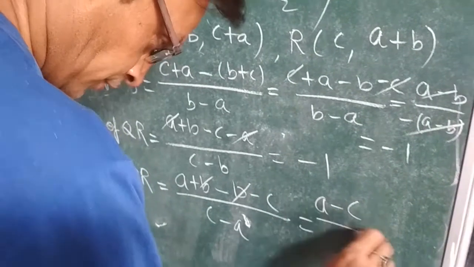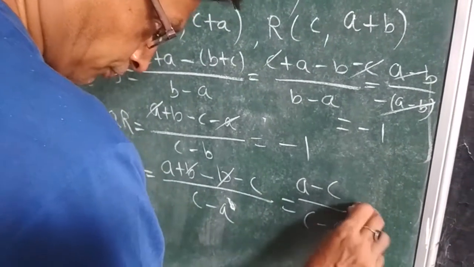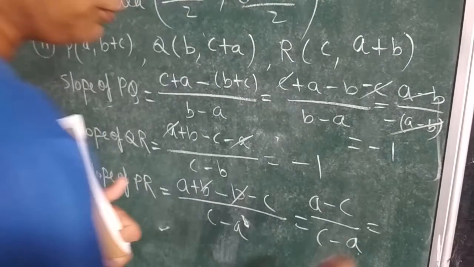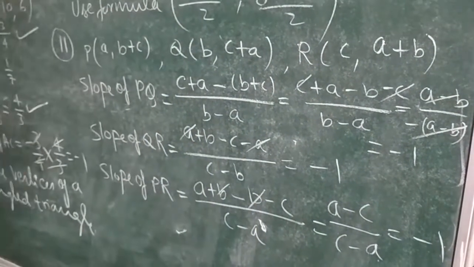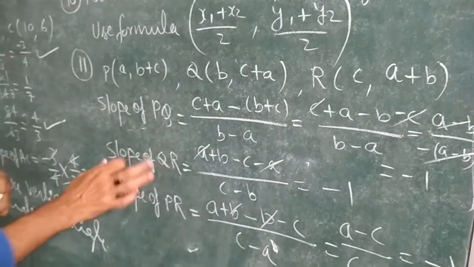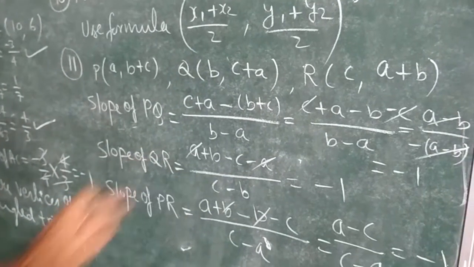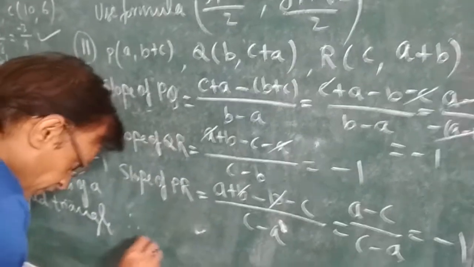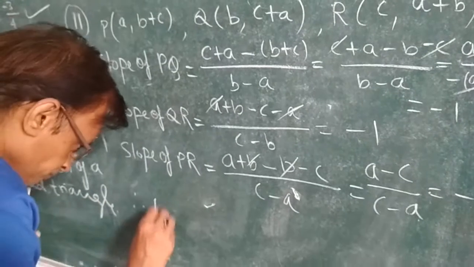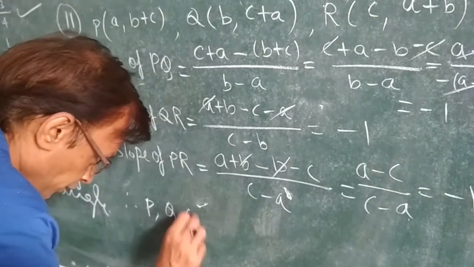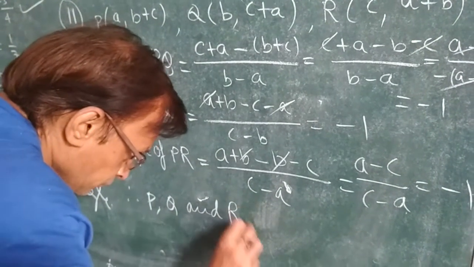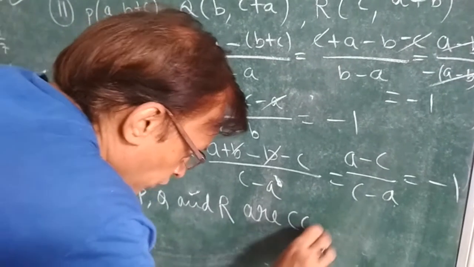You see that all slopes have the same value. So slope of PQ is minus 1, slope of QR is minus 1, slope of PR is minus 1. Therefore, you can say that points P, Q and R are collinear points.